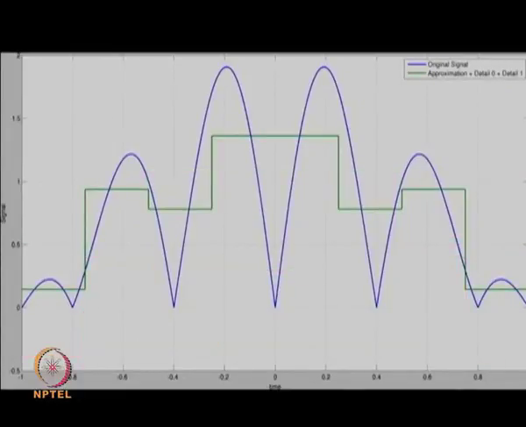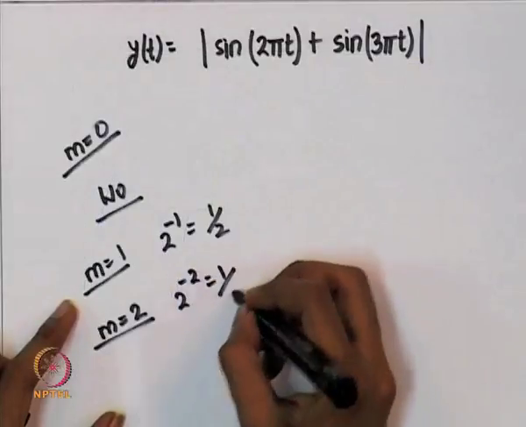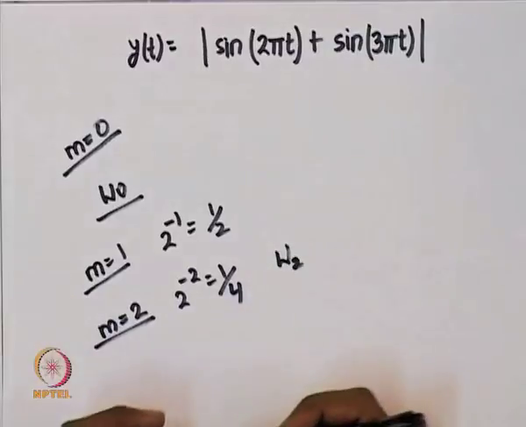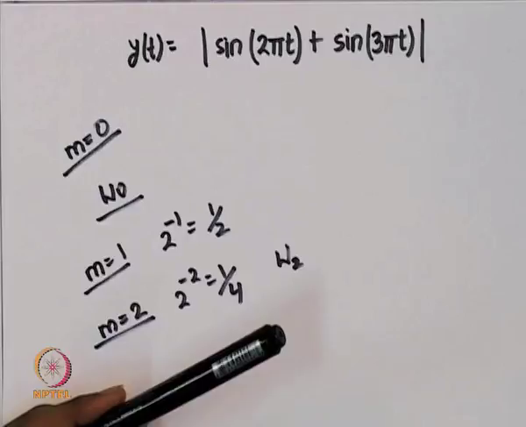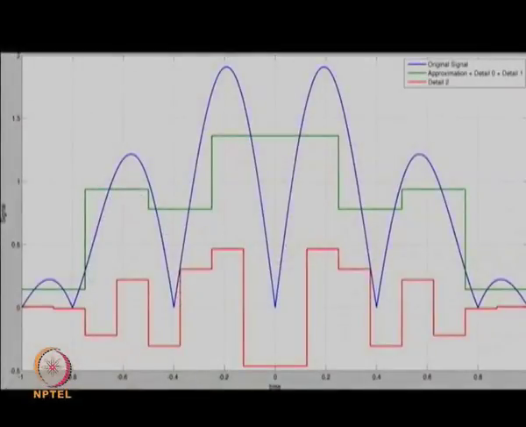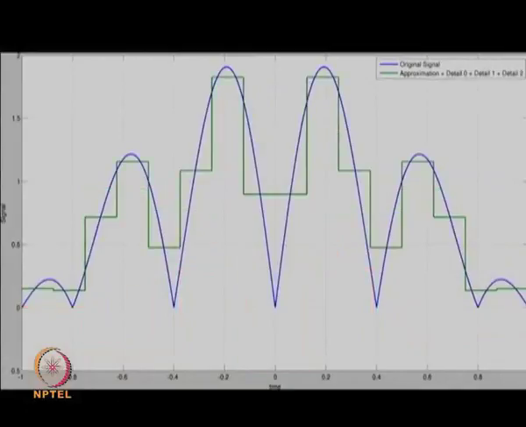Now we can add another finer detail, that is the projection of the signal on the W2 space, which looks like this. When we add these two, we again get an even better approximation to the signal, shown in green.